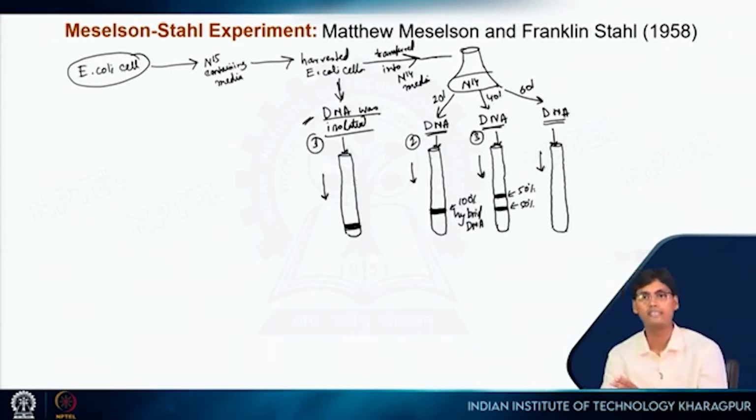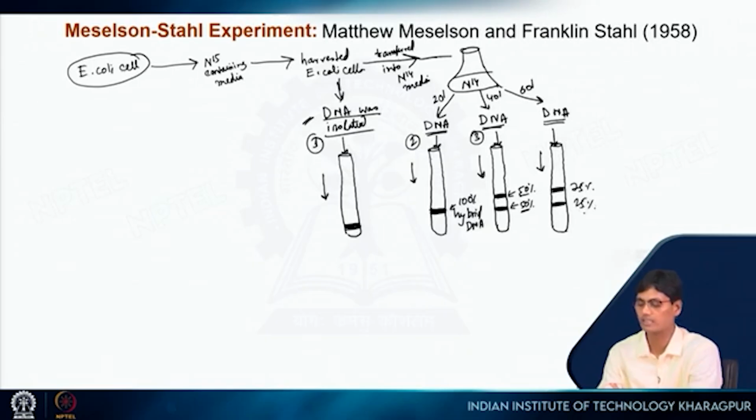So this is the light DNA, and based on their density, they could conclude that this is 50% light DNA and 50% hybrid DNA. And now, in the next tube, they found that here you have only 25% and here 75%.